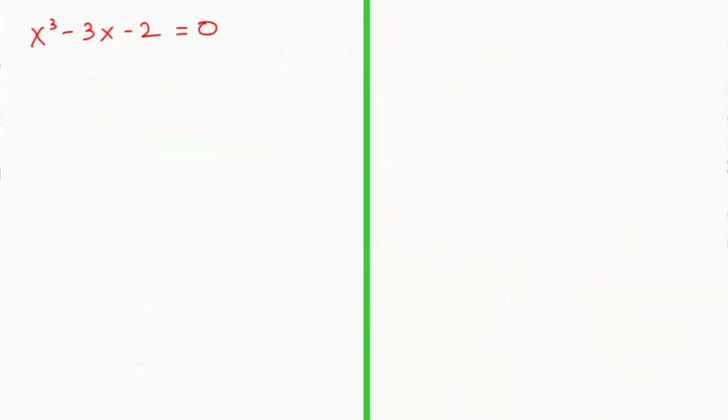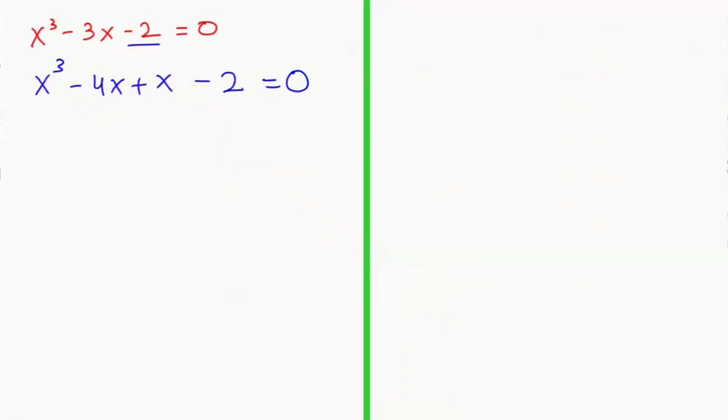Now here I am going to split this 3x and write x cubed minus 4x plus x minus 2 is equal to 0.